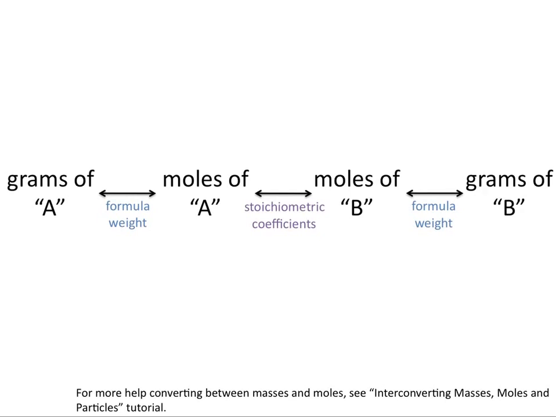So this creates a pathway of converting grams of one reactant or product to moles of that same reactant or product using the formula weight, then using the stoichiometric coefficients in our balanced chemical equation to go from moles of one reactant or product to moles of a different reactant or product, and then using the formula weight of that new reactant or product to go from moles back to grams.